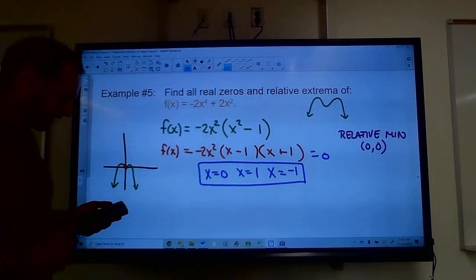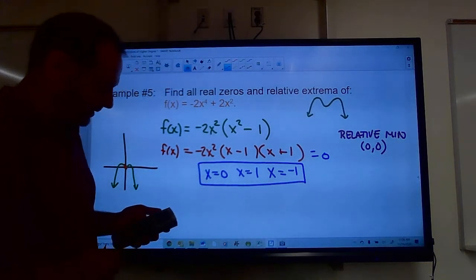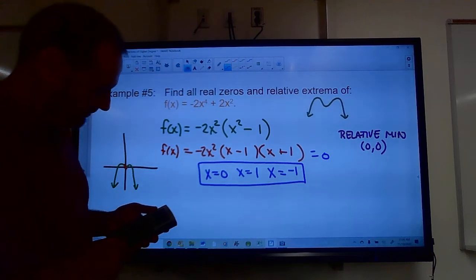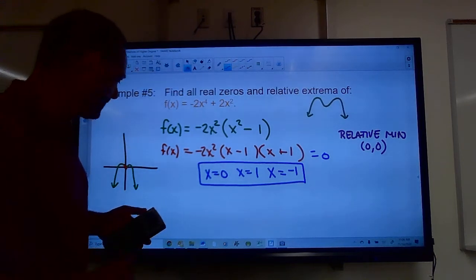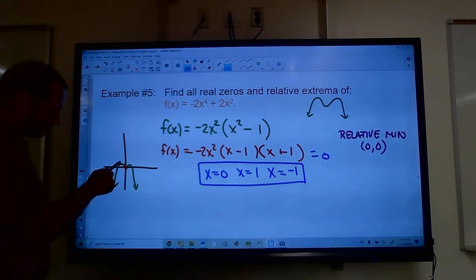Now I have to start over with calculate. I go second, calculate again, and then I use maximum, which is number 4. It asks me for the left bound again, so I need to move it way over here, on the left side of this peak.